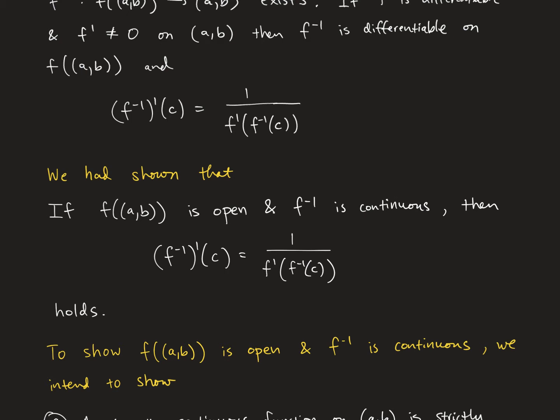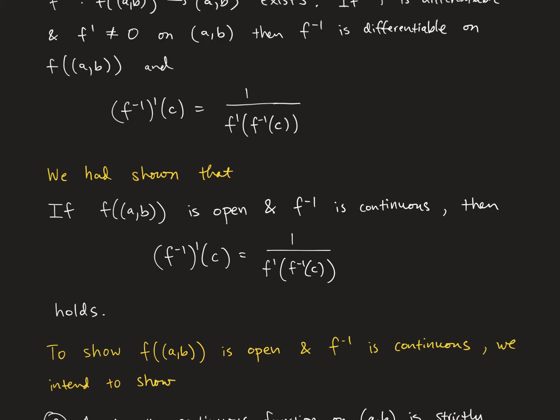It's not entirely obvious that this image of this interval is an open interval itself. It could be that the image is a half-open interval, and this C could potentially be an endpoint of that interval. And in that case, our derivative wouldn't really make sense the way we've defined it. So we should probably justify that this C in this image is always surrounded by other points in the image.